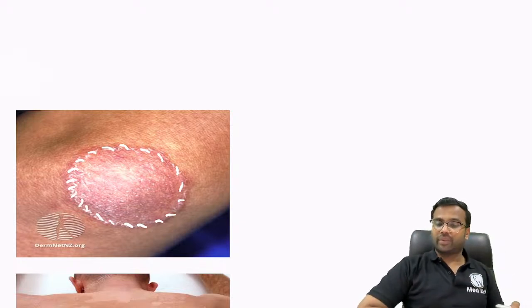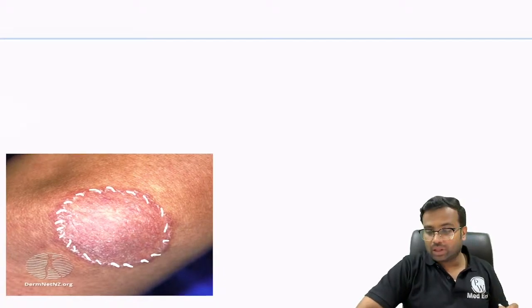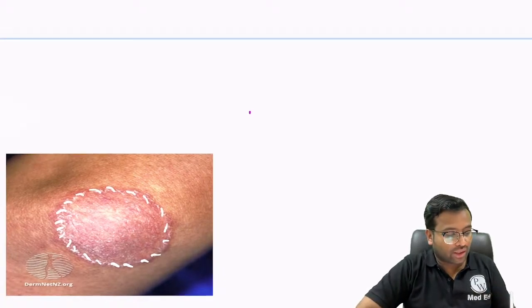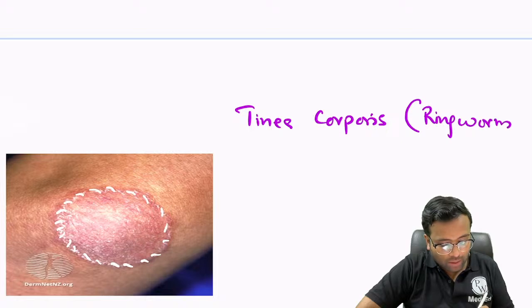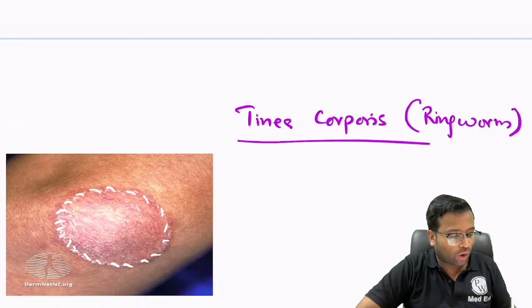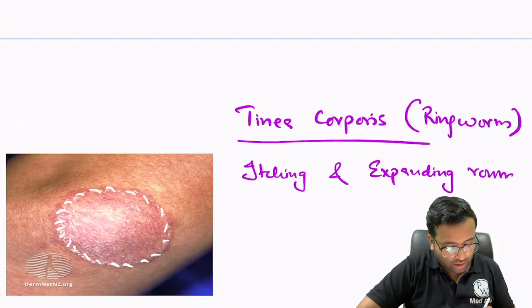Who can answer? What do you see in the screen now? So this, based on the history, this should be tinea corporis. This is what we usually call as a ringworm, because the patient is complaining of itching and an expanding round lesion.